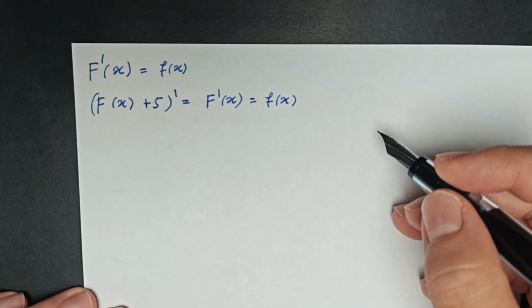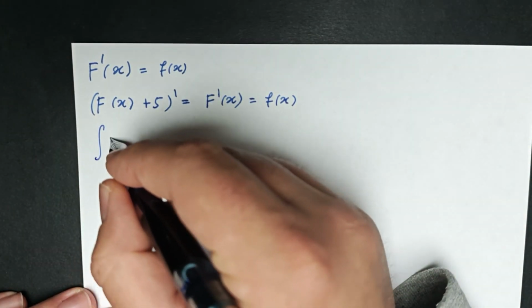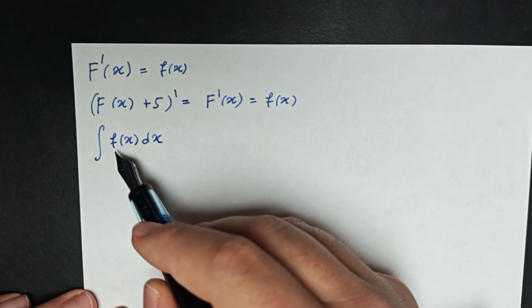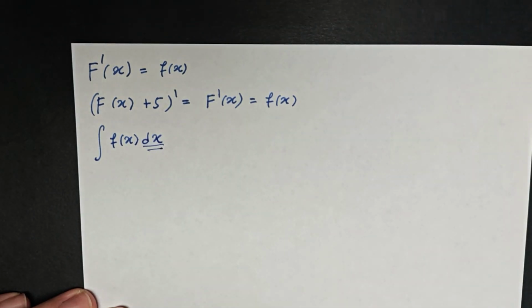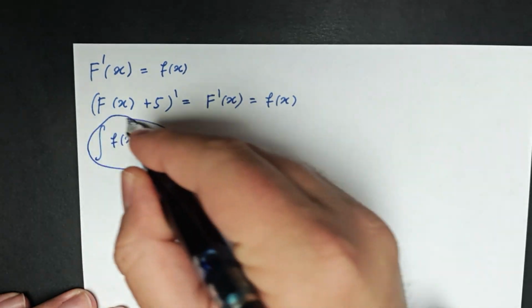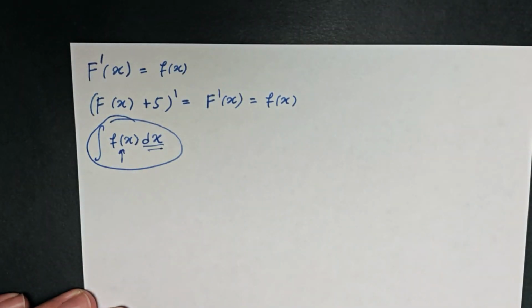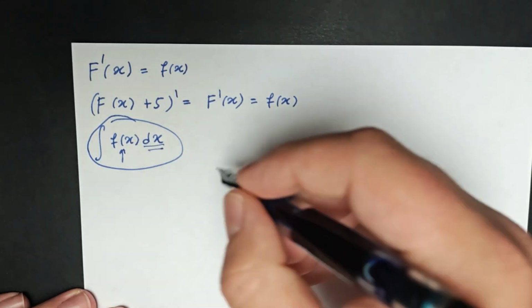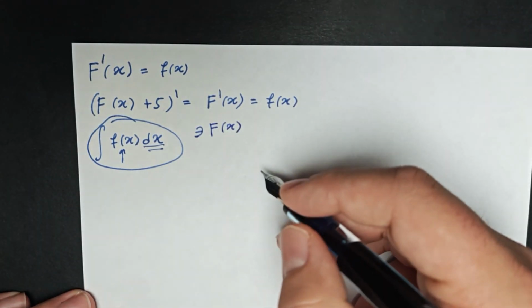The integration works opposite of the derivative. So when you take an integral of the function f of x dx, the lowercase f, with respect to the variable x, this is an entire family of functions. It contains all the functions that have as a derivative this function here, f of x, f in lowercase. This family of functions has an element F of x where that F is capital.